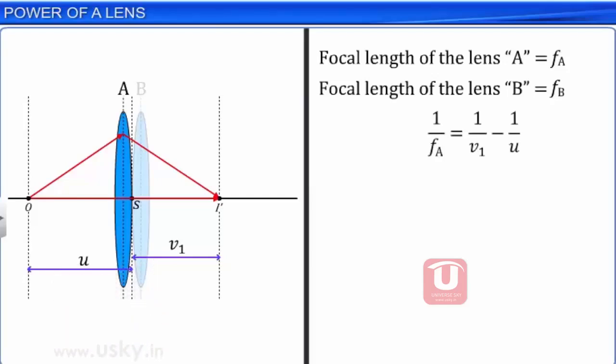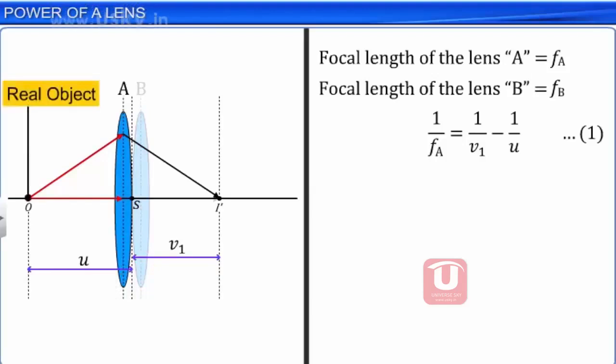If the presence of the second lens is also considered, the final image will not be formed at I'. Let us analyze the refraction through the second lens. If a diverging beam of light is incident on a lens, then the object is a real object. On the other hand, if a converging beam of light is incident, then it is treated as a virtual object.